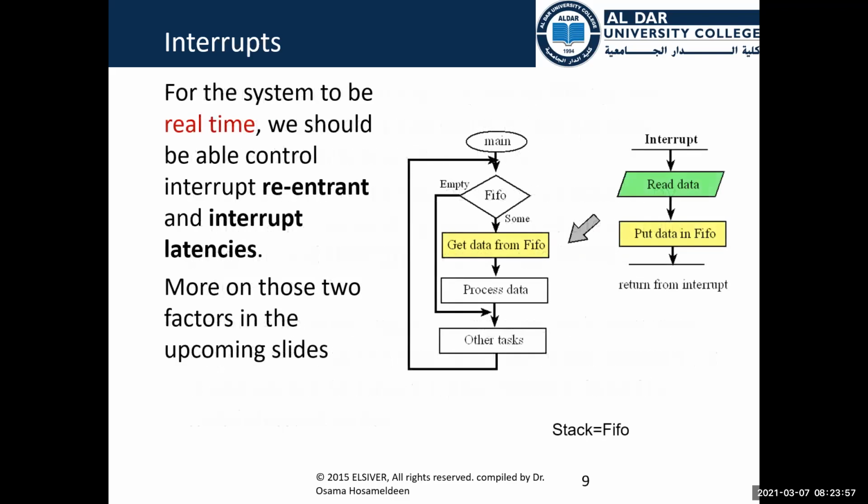So in normal operation, this is the main function, and the CPU is serving the main functionality, and the CPU knows that an interrupt needs help. So the routine jumps to the interrupt, deals with it, and jumps back to the main routine. Of course, before the interrupt, we have to save everything.